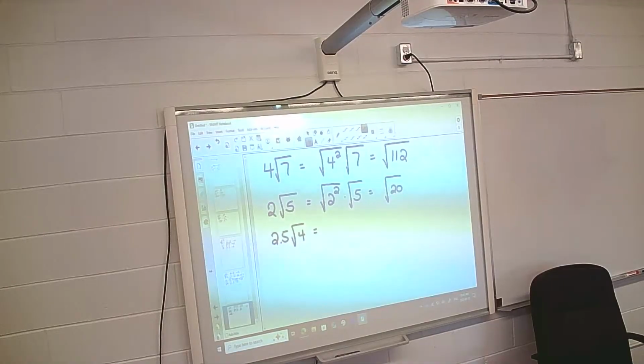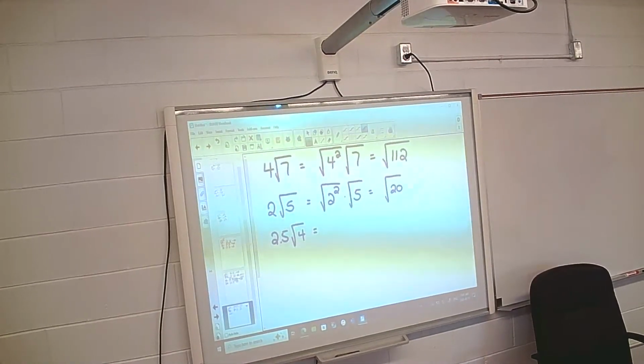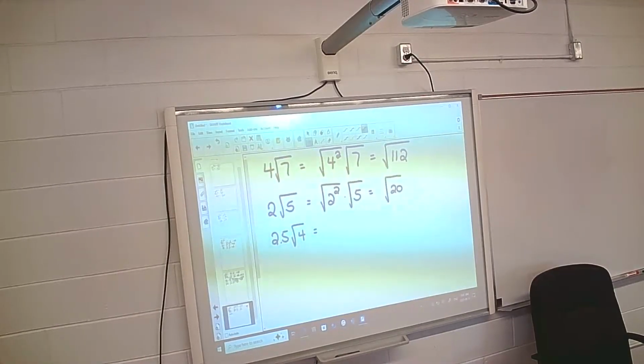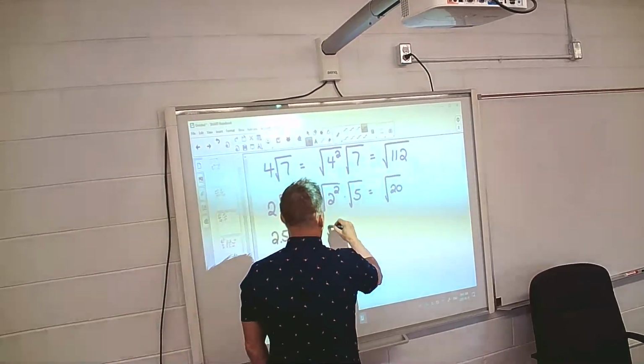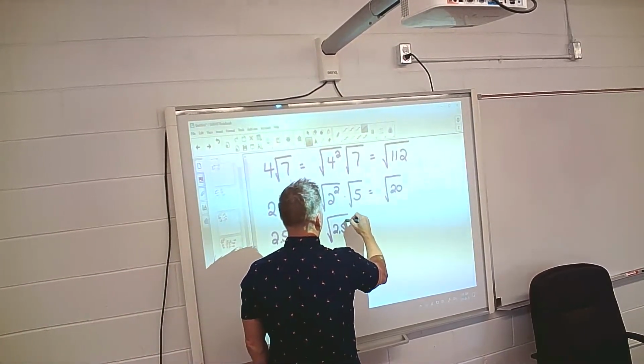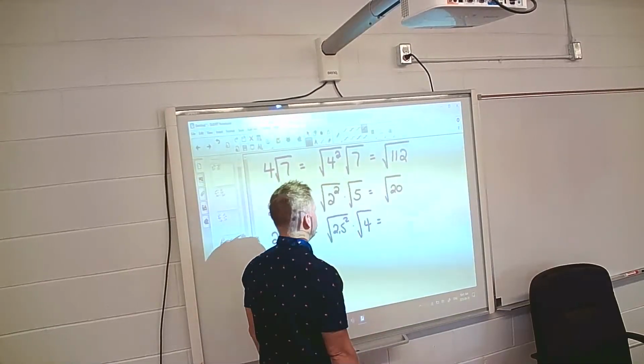Okay? So that's something I could have just jumped to. I could have changed root 4 to 2. 2 times 2.5 is 5. Now, let's do it the way we have been learning. So I put the square root and the 2.5 squared there, and then I times that by 4.